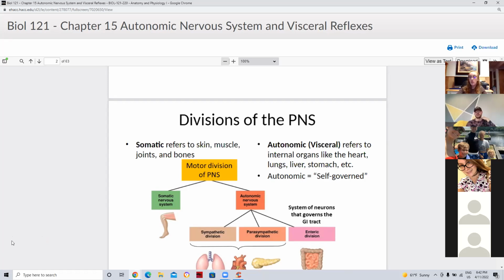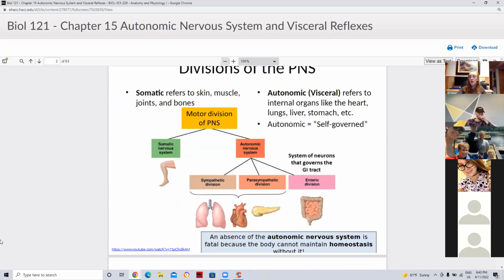So visceral refers to internal organs like heart, lungs, liver, stomach, etc. Autonomic nervous system includes the sympathetic division, the parasympathetic division, and the enteric division.